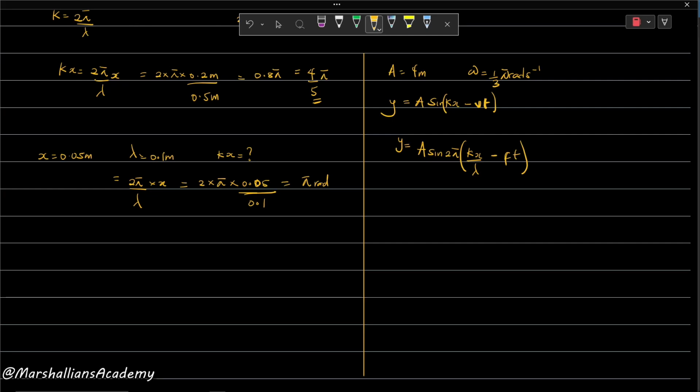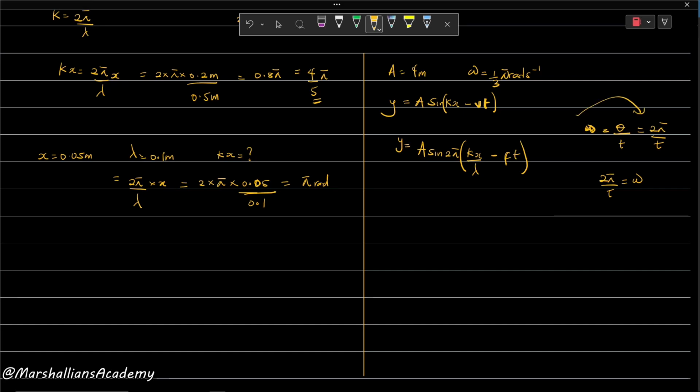Pay attention to this. Omega, which is angular velocity, is equal to angular displacement theta over time. One complete revolution is the same as 2 pi radians divided by time. So whenever we see 2 pi over time, that is angular velocity.